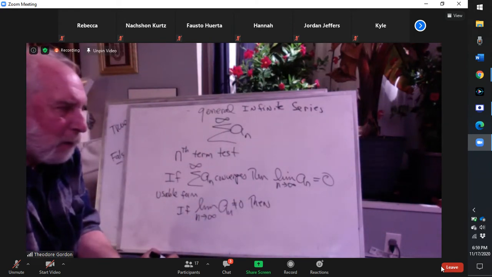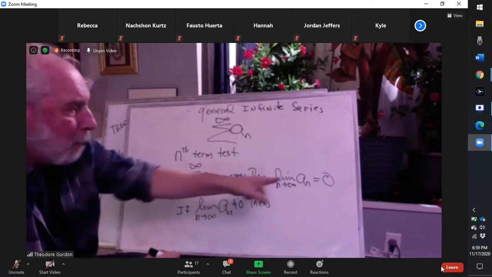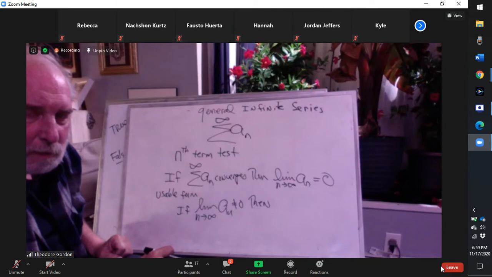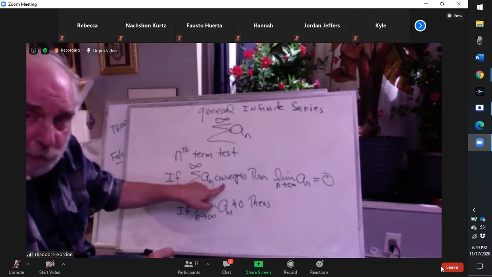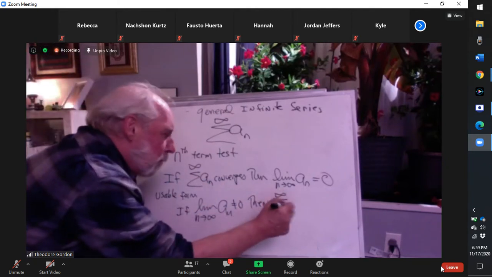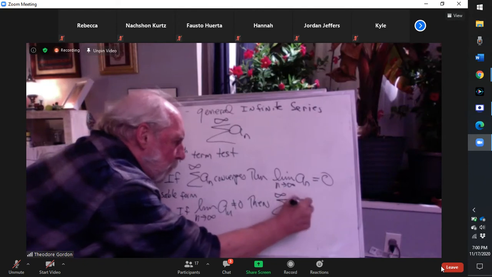It's the mammal dog thing all over again. If this is not 0, then it doesn't converge. It's not converging. And the word for not converge is divergence. There we go.